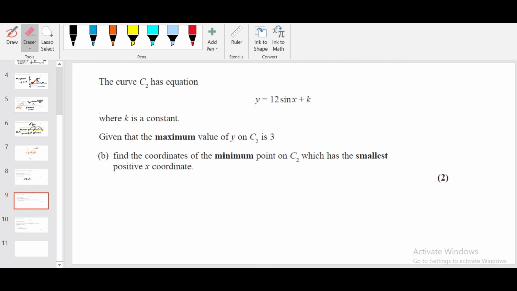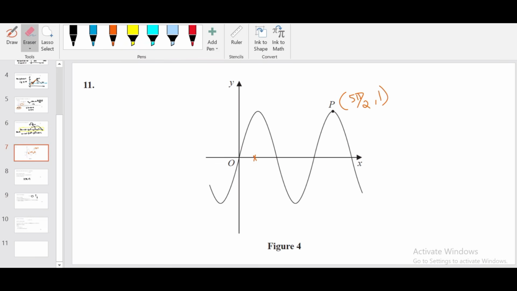Now the question says 12 sine x plus k. When you put plus k, if k is positive, the graph will go up. If k is negative, the graph will be moved downwards, right? Given that the maximum value of y on C2 is 3 now. Okay, think about it. This graph now is y is equal to 12 sin x.